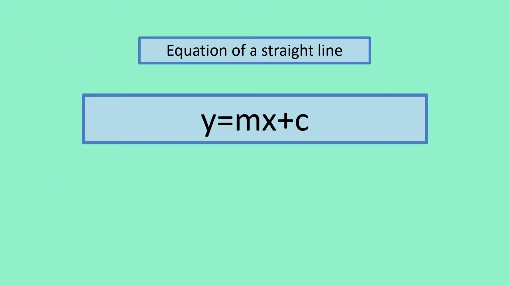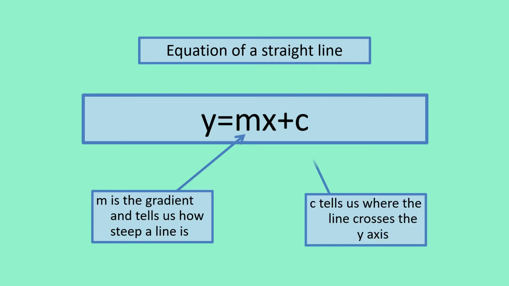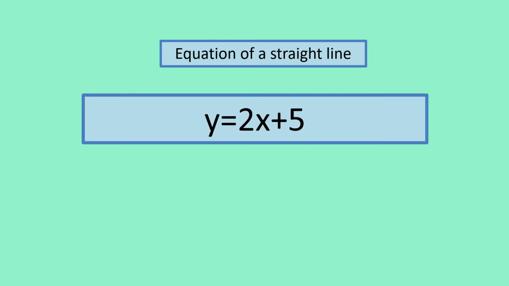The equation of a straight line graph takes the form of y equals mx plus c, where m is the gradient and tells us how steep a line is, and the c tells us where the line crosses the y-axis. So this shows us the equation of a straight line graph where the coefficient, the number in front of the x, is 2, and our constant, our c, is positive 5.